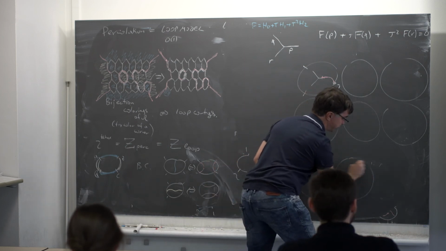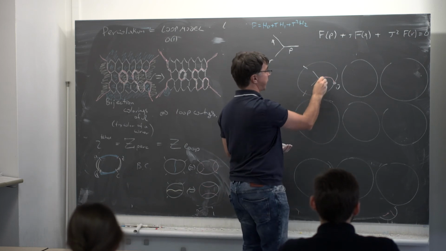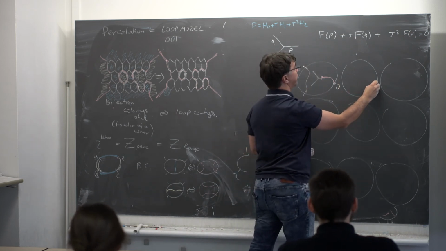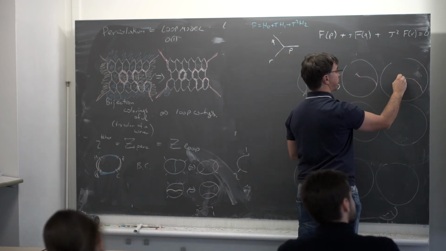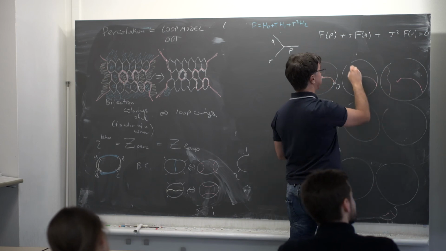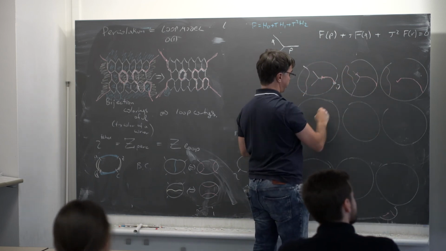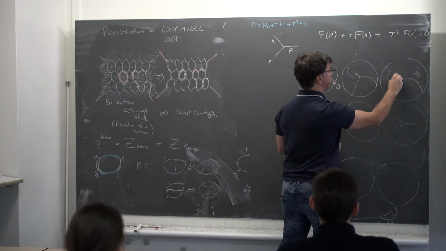There are essentially three different situations. In one situation we arrived here, there is nothing here, and then we can extend this one step, or we can extend it one step in the other direction, and we get a picture which contributes to Fp or Fq. So it's very, very easy.